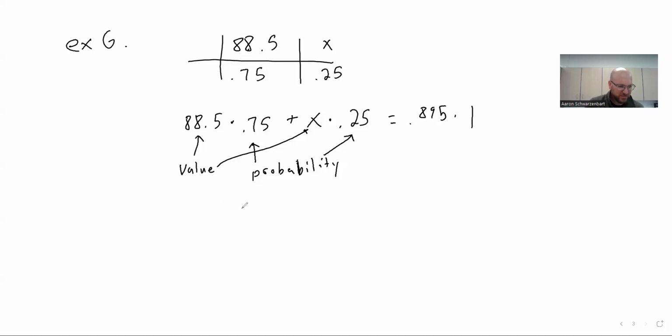So as long as they're legitimate probabilities, you don't need to divide. If I solve this equation, I just take 0.85 times 0.75, 0.885, sorry. 0.66375.